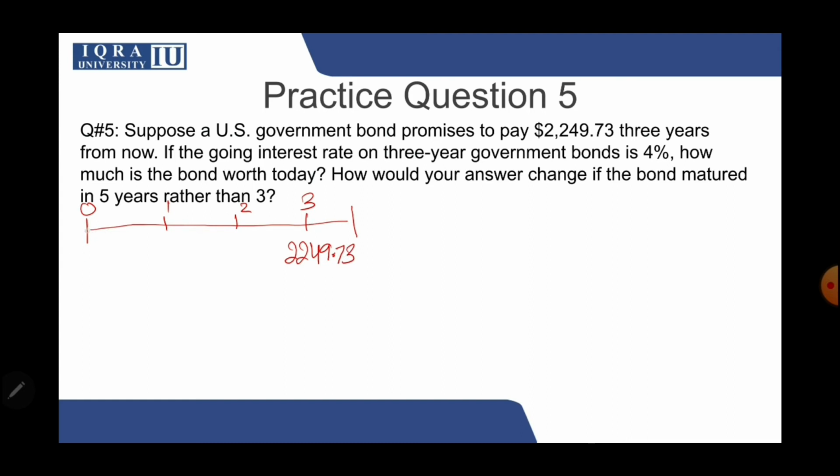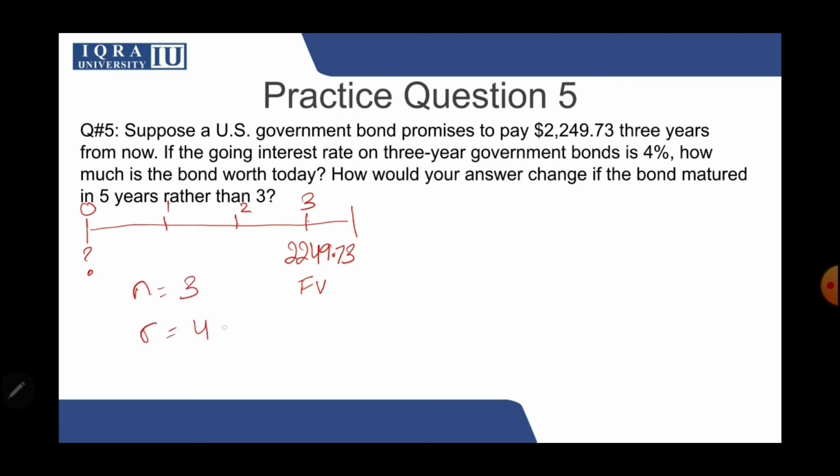So 3 years from now will be 1, 2 and 3 over here. If the going interest rate on the 3-year government bond is 4%, how much is the bond worth today? So you need to find out the present value over here, and this is your future value. And n over here is 3.